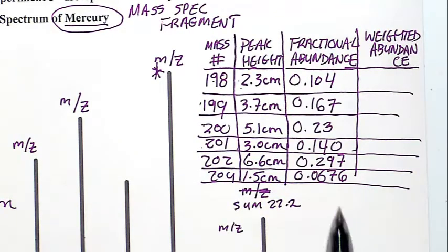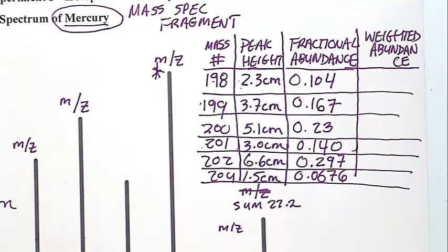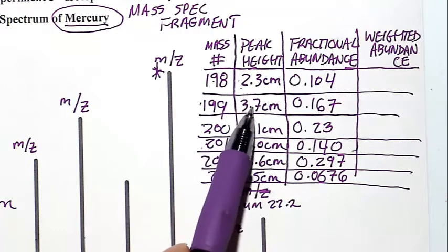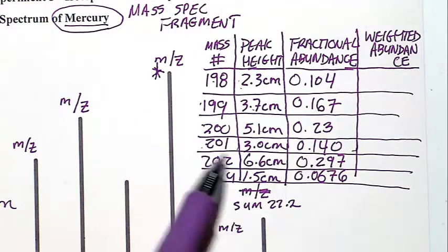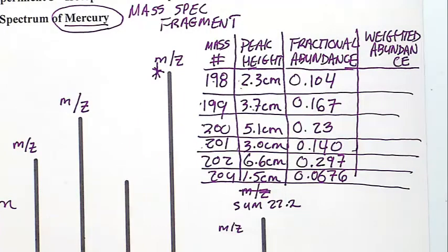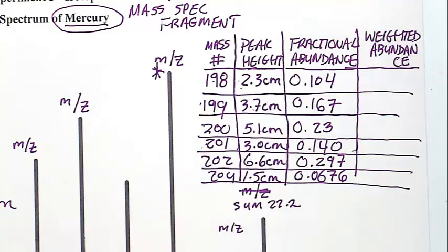After I've completed this table, by determining the fractional abundance, the part over whole, or the contribution of each of these peak heights to the total amount of isotopes in the element of mercury, after I figured out their proportional abundance, I need the weighted abundance.